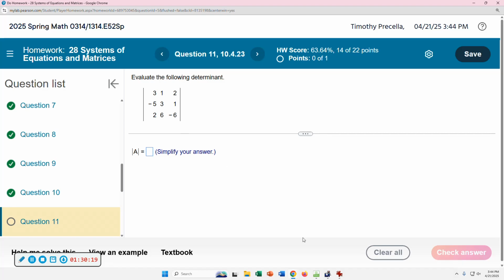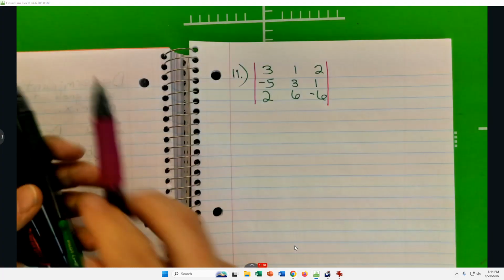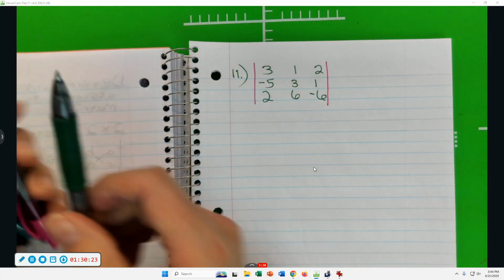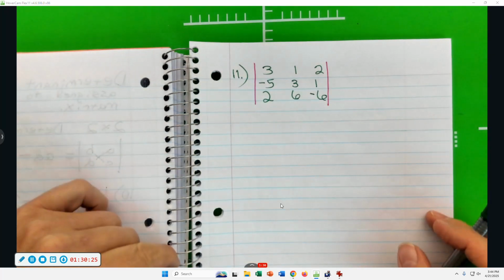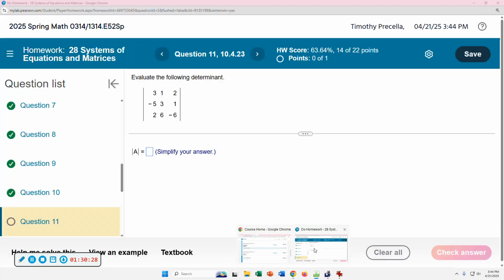I rewrite the first 2 columns. Now, I better make sure I don't miscopy this, because if I miscopy even one little number or drop a minus sign accidentally, I can assure you my answer would be wrong, and so would yours.